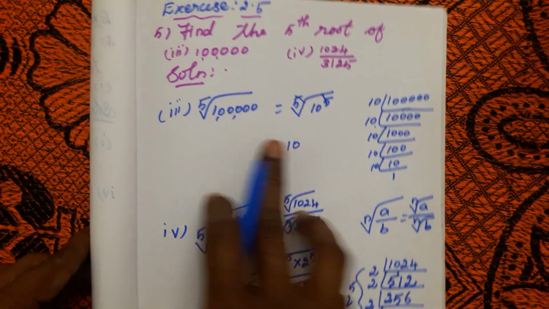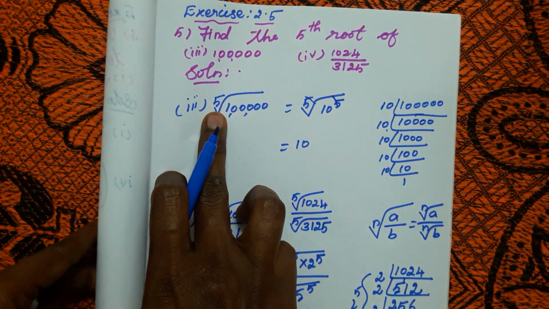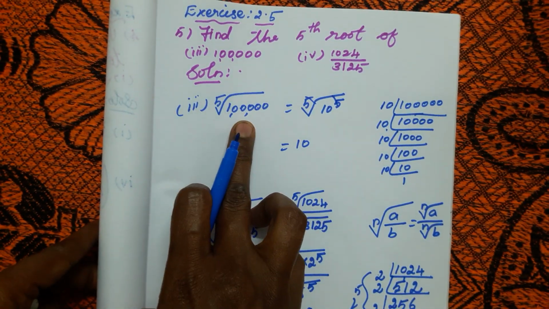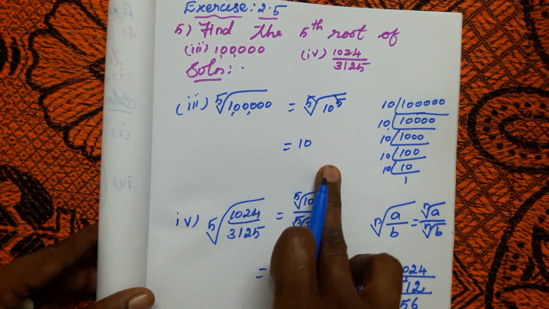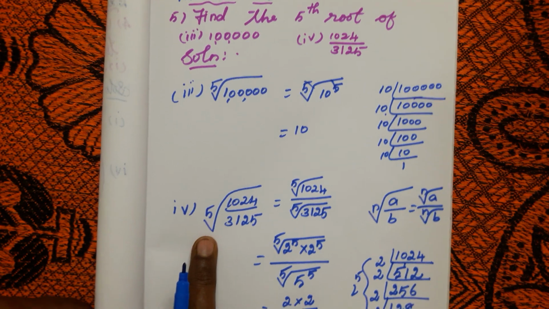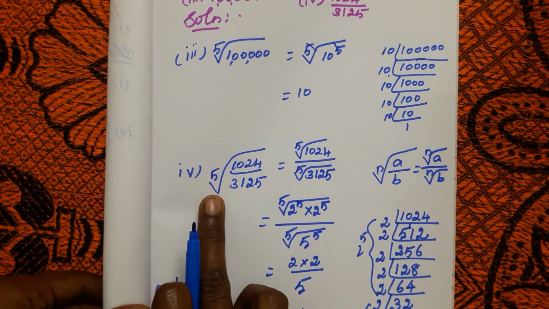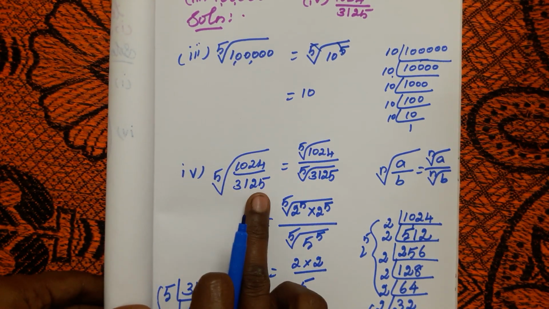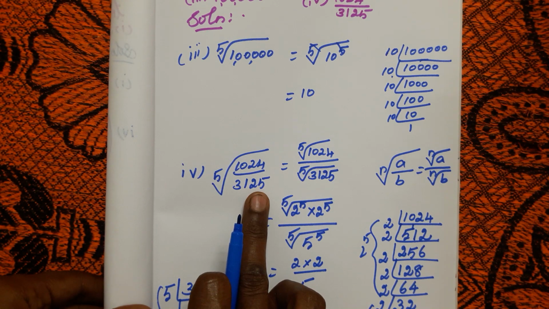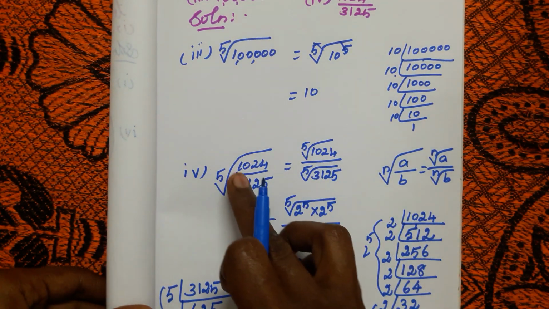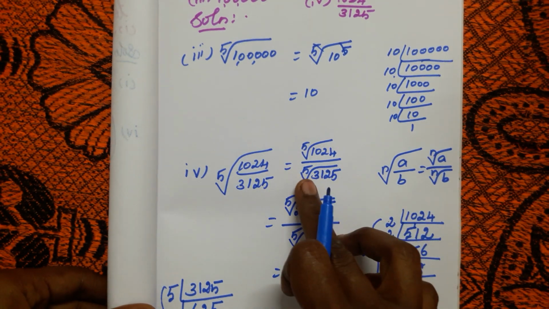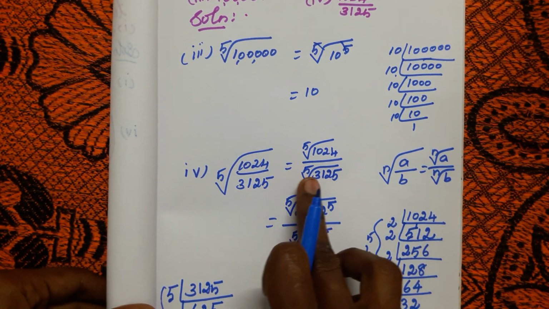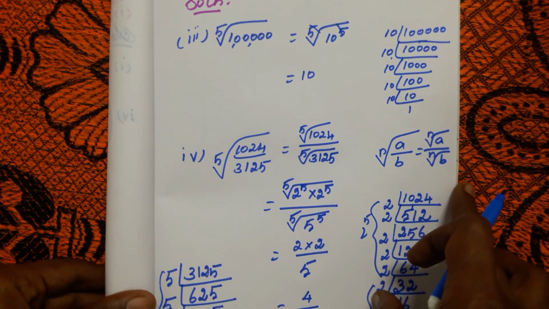First problem: we have to find the fifth root of 1 lakh. Fifth root of 1 lakh is equal to fifth root of 10 power 5, which is equal to 10. Next, fifth root of 1024 divided by 3125. We can write it as fifth root of 1024 divided by fifth root of 3125.